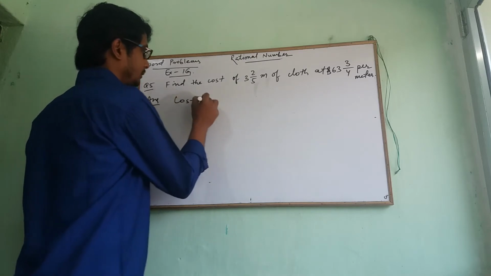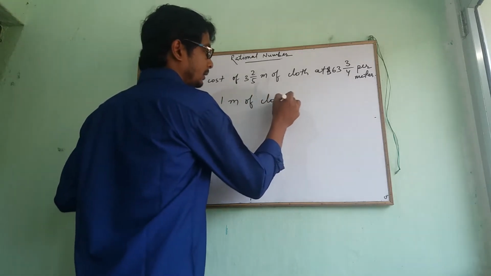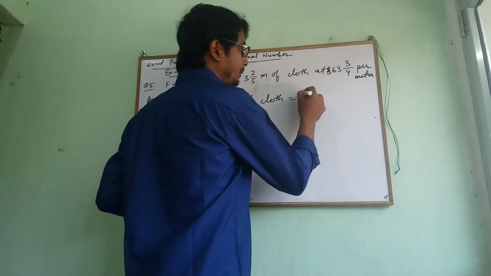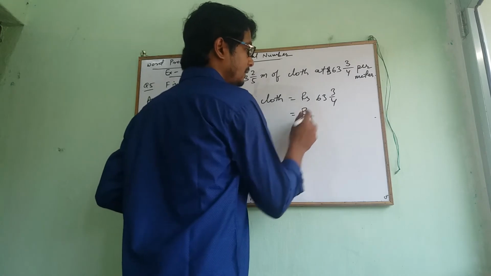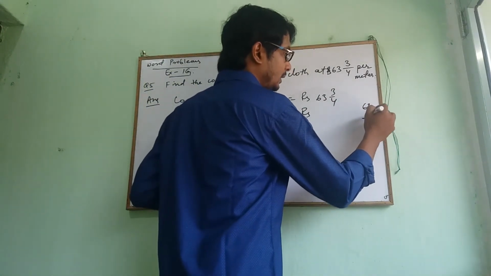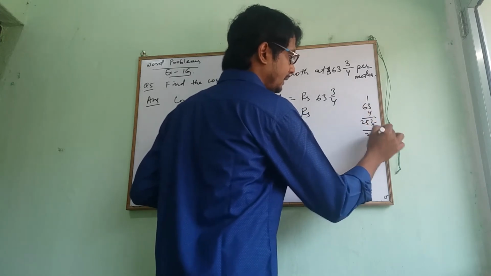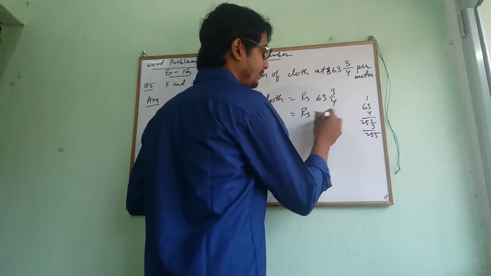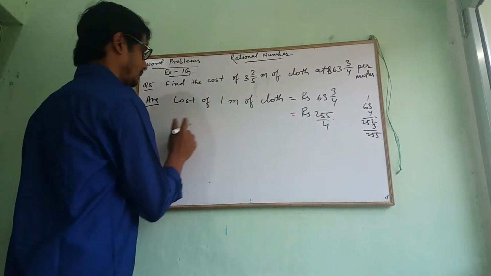Cost of 1 meter of cloth is equal to rupees 63 whole 3 by 4, that is equal to rupees, just multiply 63 with 4, 252 plus 3, 255. So 255 by 4. So this is the cost of 1 meter of cloth.